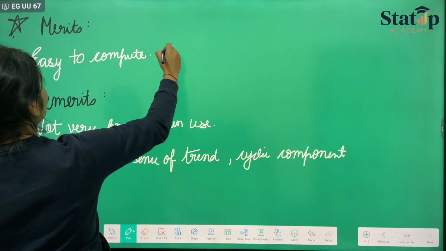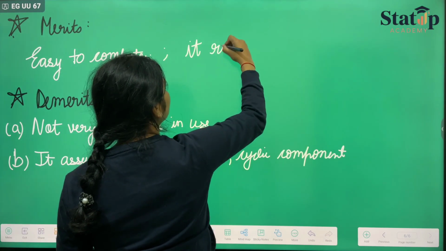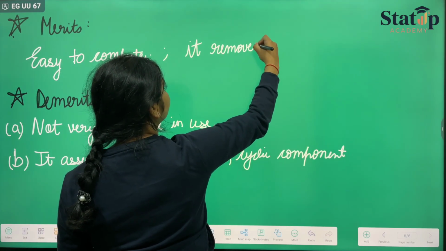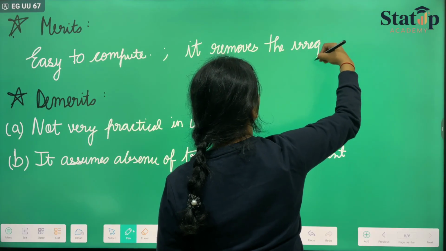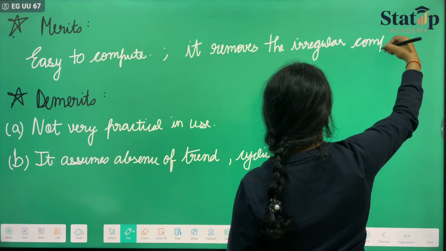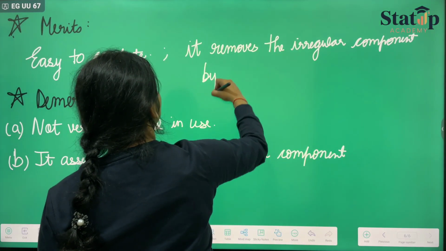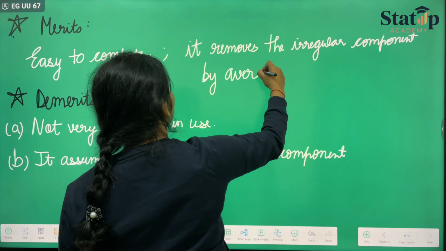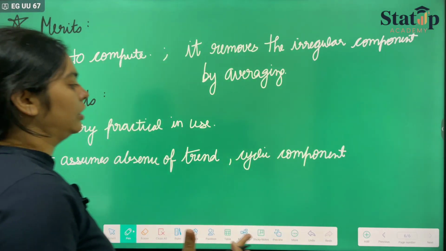There is one more merit: it removes the irregular component by averaging. If we do average, then the irregular component gets removed.